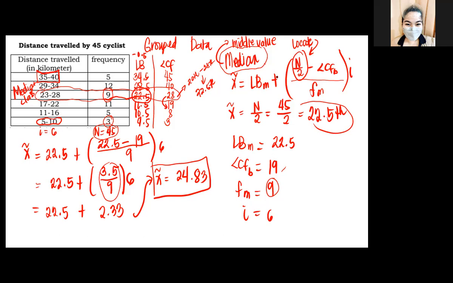So, bakit ba natin siya kailangang i-review? Balik tayo dito sa taas. Kailangan po natin siyang i-review kasi ano ba yung relationship ni median pagdating kay quartile? Or kay second quartile to be exact. Si median at si second quartile po actually ay equal.